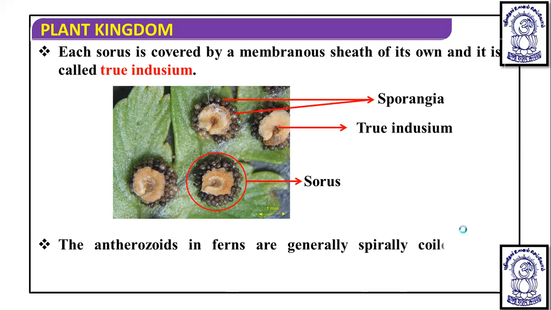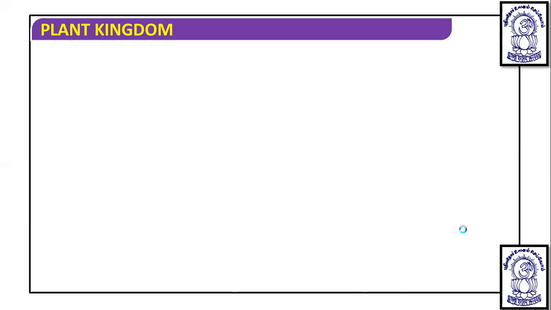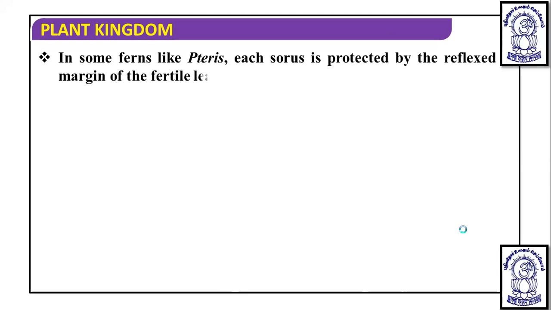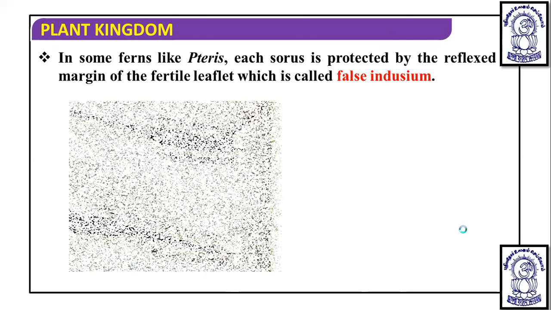The antherozoids in ferns are generally spirally coiled and multiciliated, that is multiflagellated, which we have discussed. In some ferns like Pteris, each sorus is protected by a reflexed margin of the fertile leaflet. If the margin of the fertile leaflet is curving or coiling and protecting the sorus, then this coiling of the margin is known as false indusium.